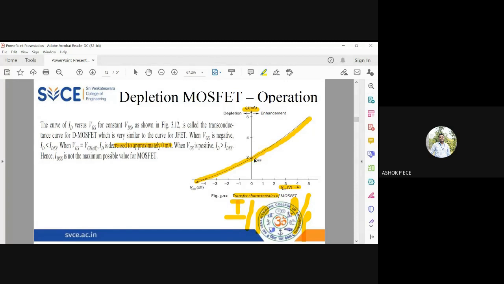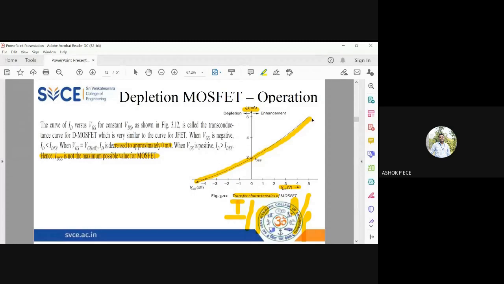In JFET, if you see, this graph will increase and become constant. So IDSS was the maximum value, but in MOSFET, even after IDSS, the graph keeps on increasing. What they are saying here is IDSS is not the maximum value for MOSFET, but IDSS is the maximum value for JFET. That's the one difference you have to understand.